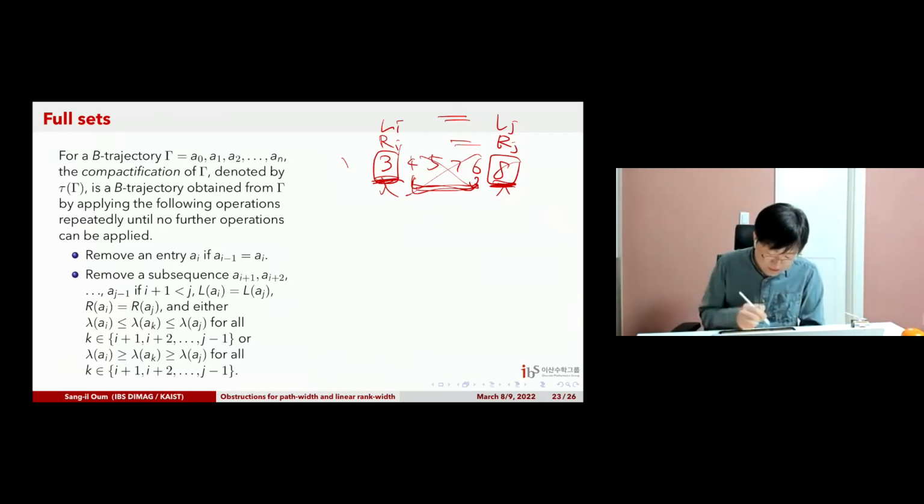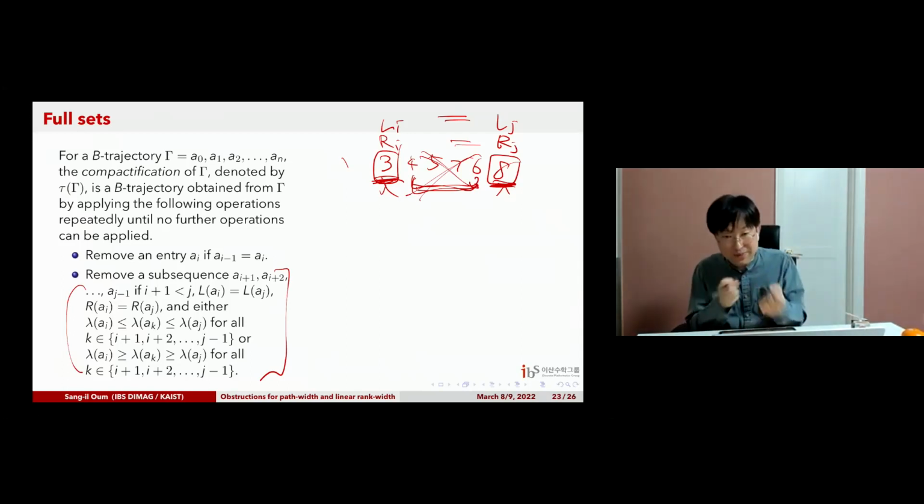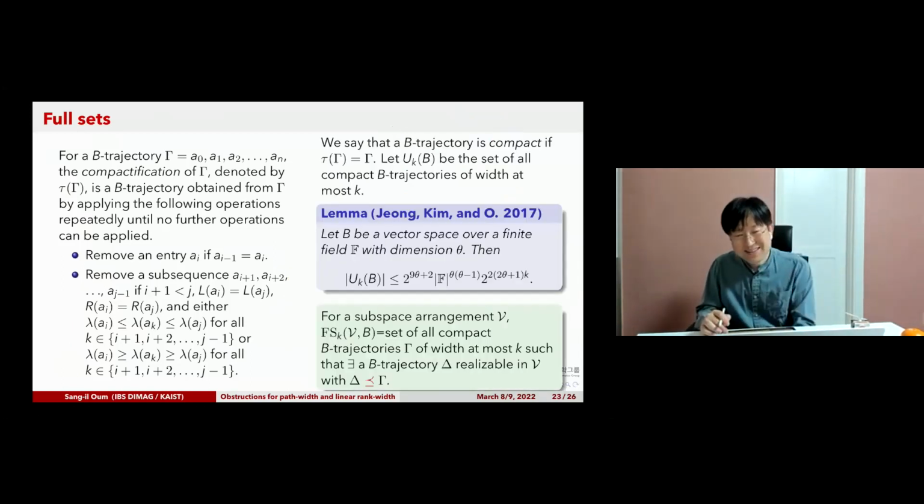So this is what is described here. So I can delete all the subsequences if they are sandwiched by minimum and maximum. And that's in the paper by Bodlaender and Kloks in the 90s. The number of such sequences obtained by deleting all these things is bounded by a function of k.